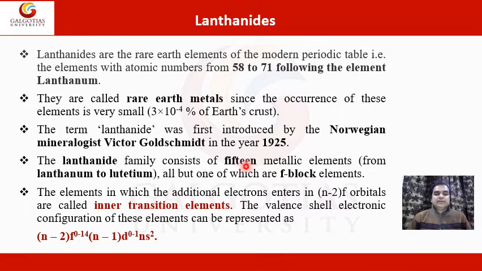The lanthanide family consists of 15 metallic elements that start from lanthanum to lutetium, all but one of which are f-block elements.